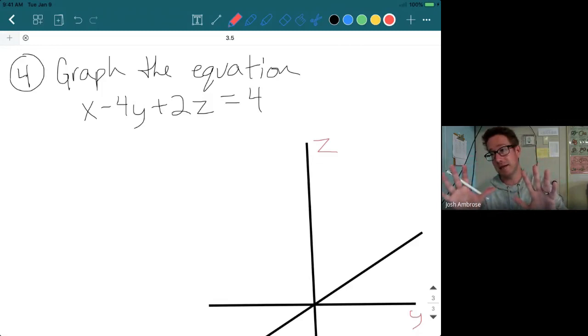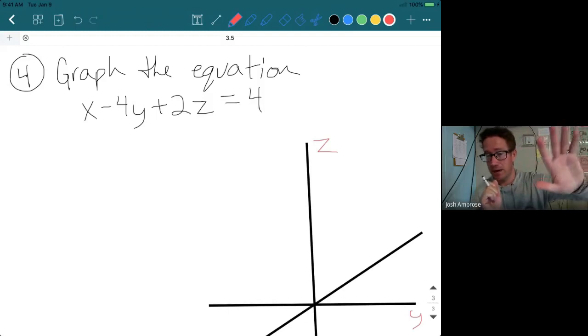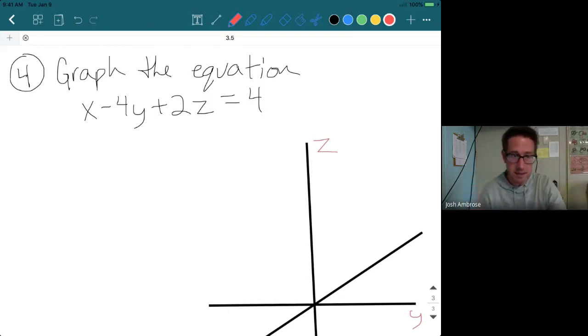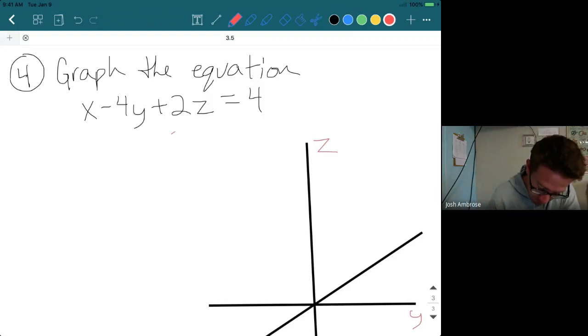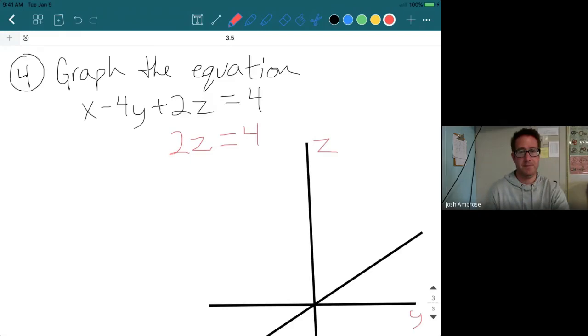Here's the easy thing. Anytime you make a variable 0, that crosses it out. So if I make x and y 0, the only thing I have left is 2z equals 4, which would mean that z equals 2.